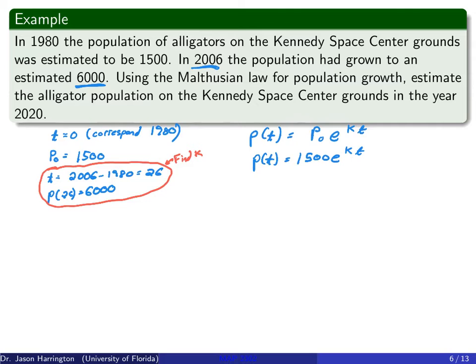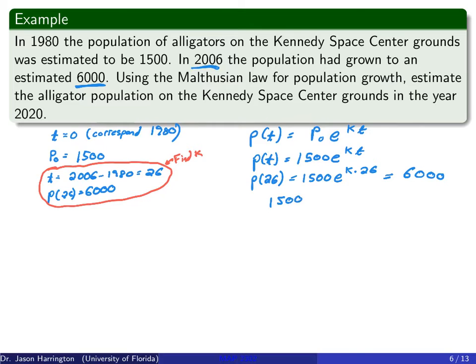So for this, I know that if I put p of 26 in there, I get 1,500 e to the k times 26 is equal to 6,000. All right, now I need to simply solve for k.